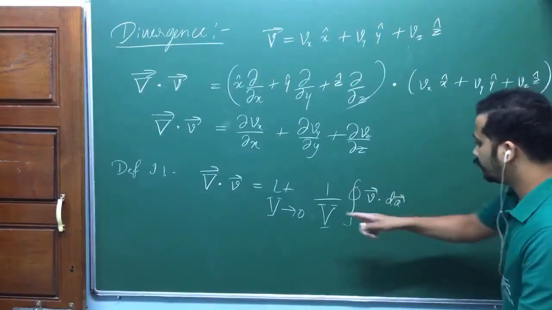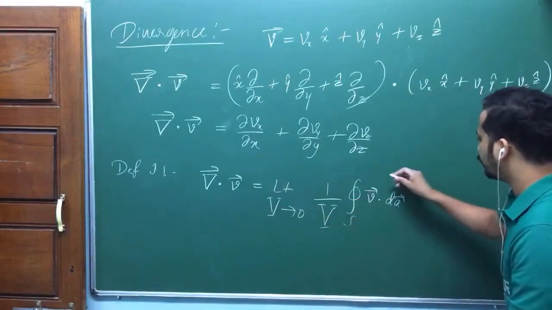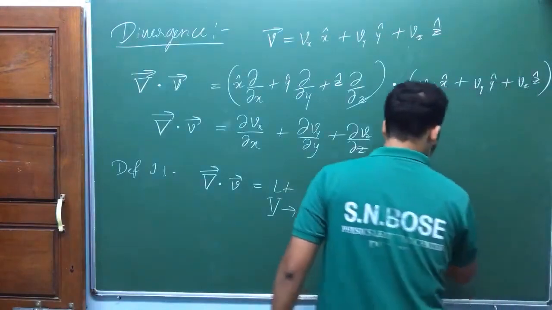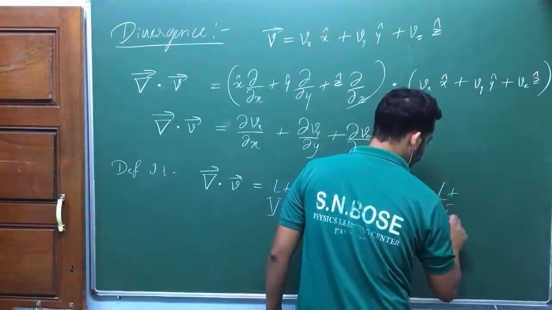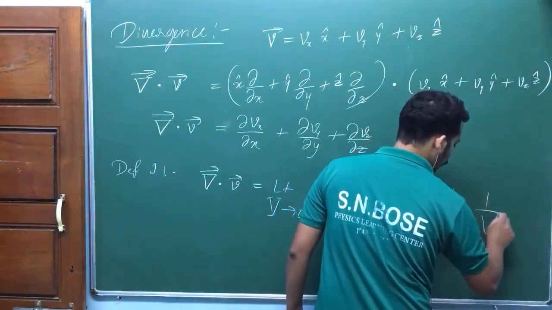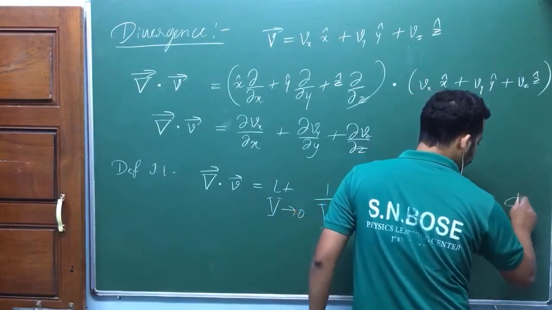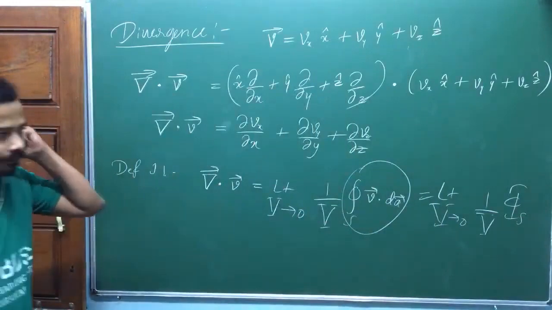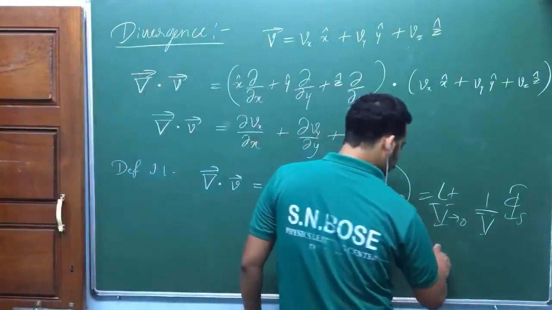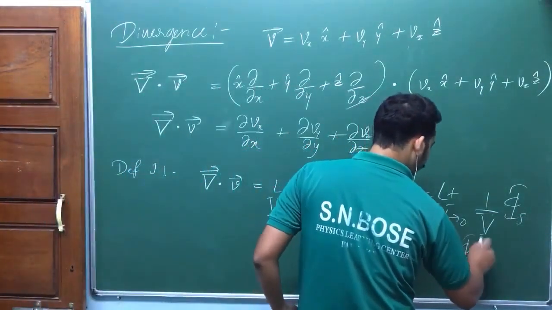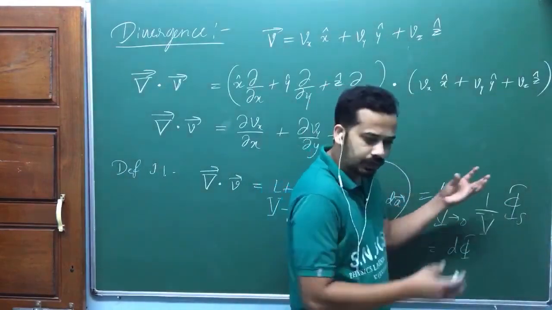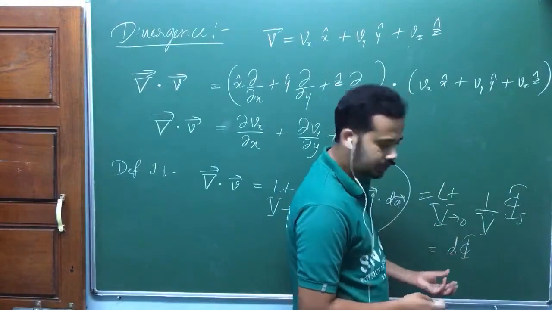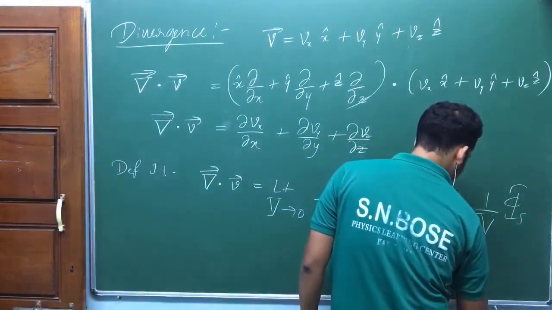So if you take this limit, this is actually a flux, or I can write it like this: limit volume tends to 0, 1 by volume times flux through the surface, where V is the volume enclosed by the surface. Now I can write this one as some d phi. Once volume tends to 0, this flux also becomes very small. Am I right? Small amount of flux divided by small amount of volume.